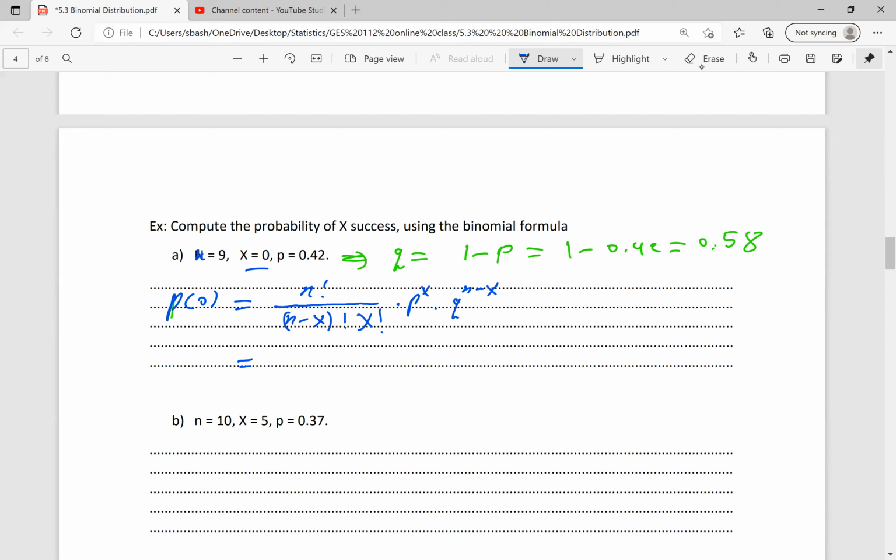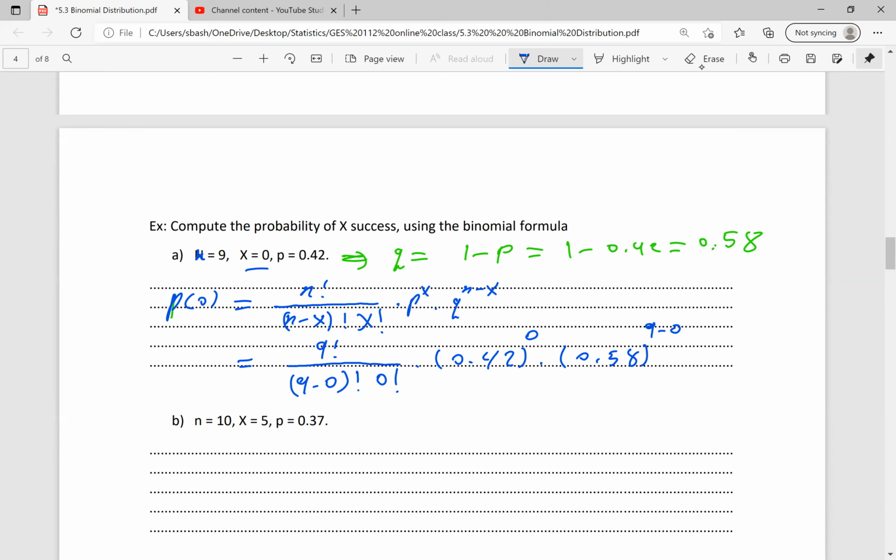That is 9 factorial divided by 9 minus 0 factorial multiplied by 0 factorial, multiplied by p, which is 0.42 to the power 0, multiplied by q, which is 0.58 to the power 9 minus 0.